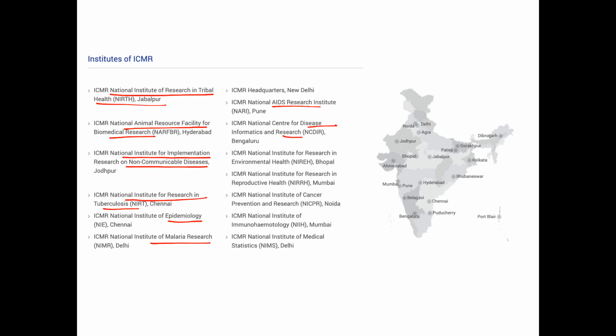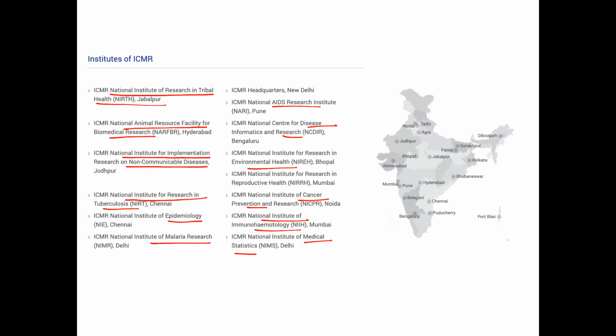Next one is environmental health. So cancer prevention, for example, and National Institute of Immunohematology or medical statistics. So the fields that have a direct impact on public health come under this ICMR, the Indian Council of Medical Research.